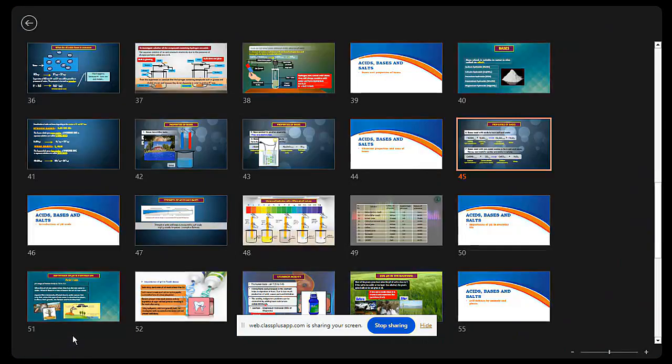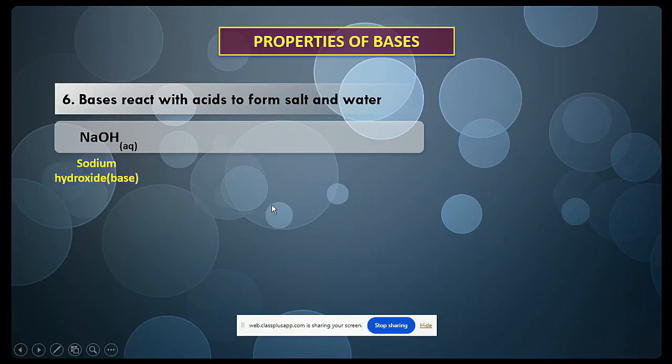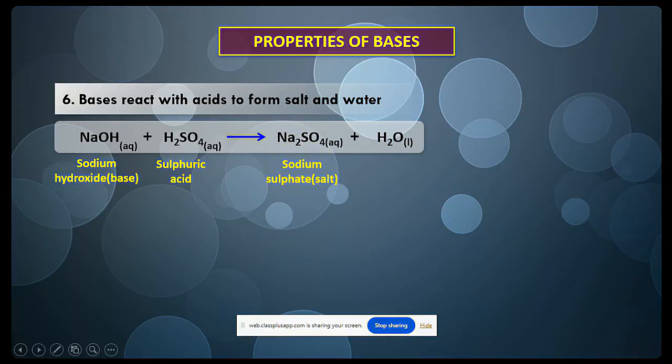So here NaOH is base, sodium hydroxide, which reacts with H2SO4, sulfuric acid, gives rise to Na2SO4, sodium sulfate salt, plus H2O, water. Is it clear? So when acid reacts with the base, it gives rise to salt plus water.